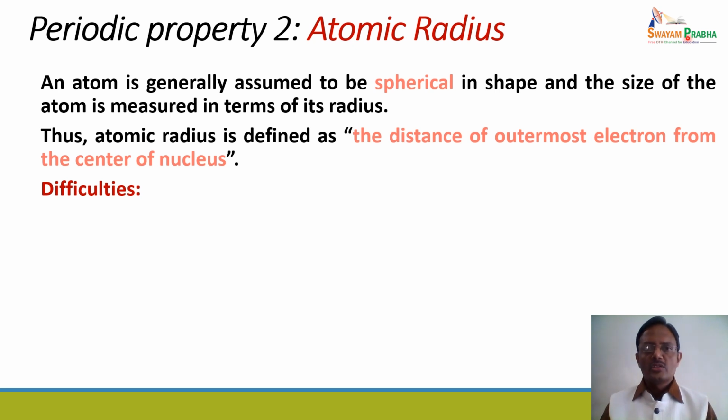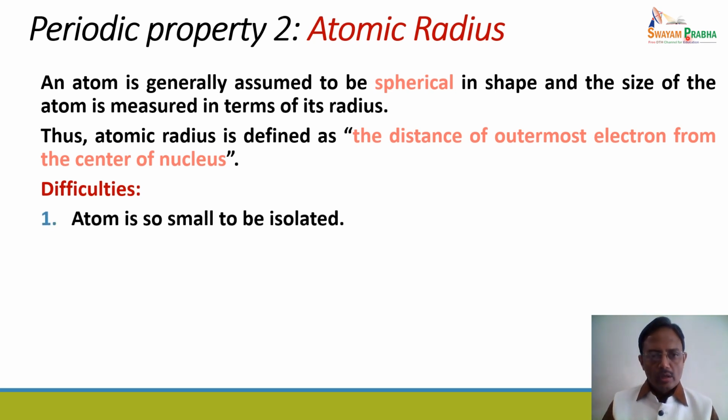However, it is not possible to determine this atomic radius experimentally exactly. There are a few difficulties in exact experimental determination of atomic radius. The first difficulty is atom is extremely small and it is not possible to isolate the atom. That is a problem.